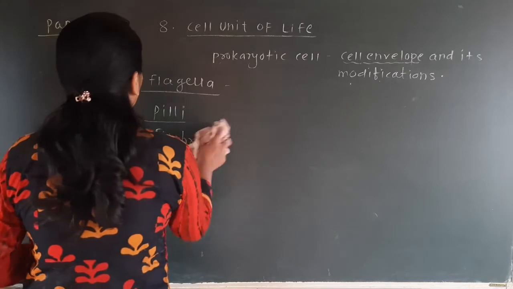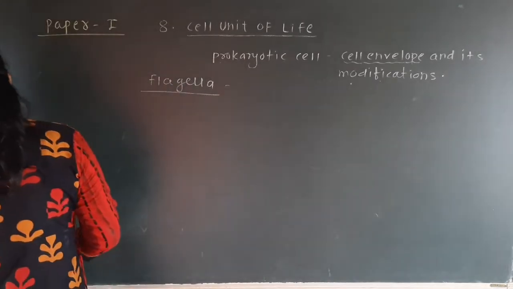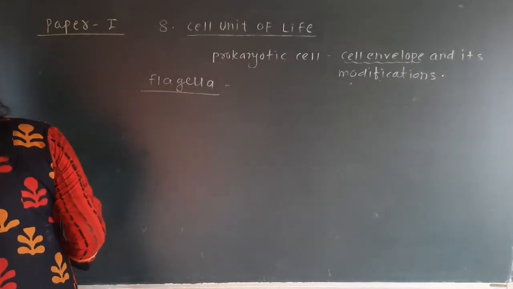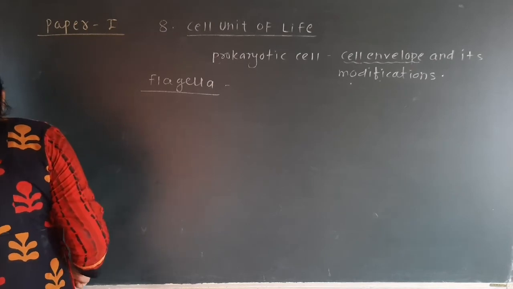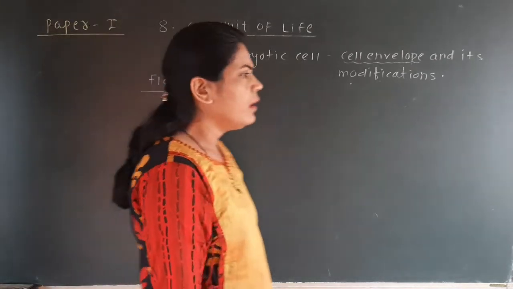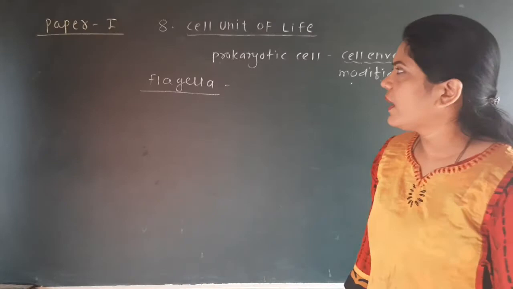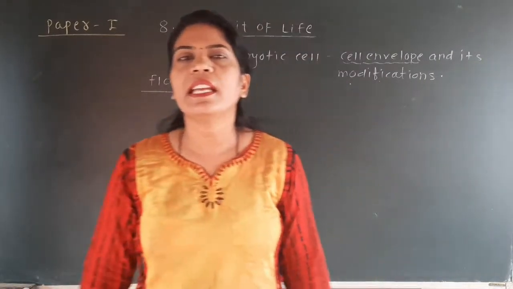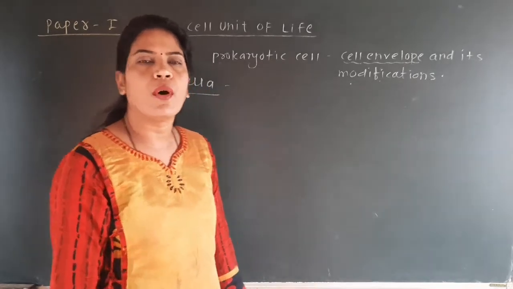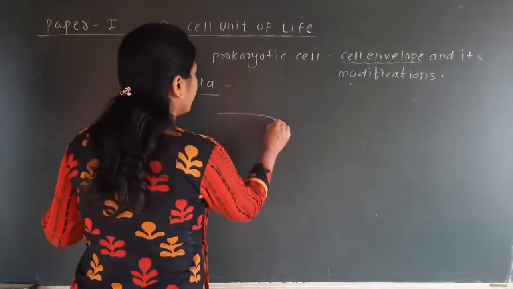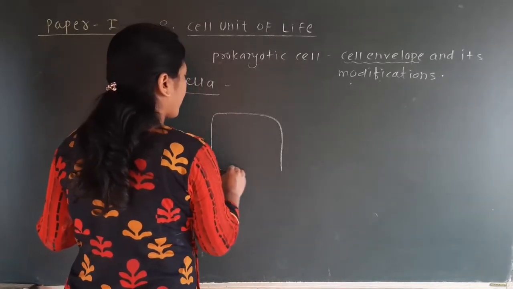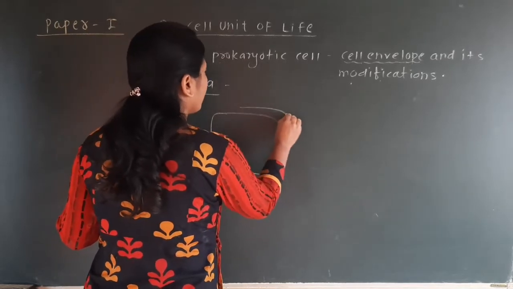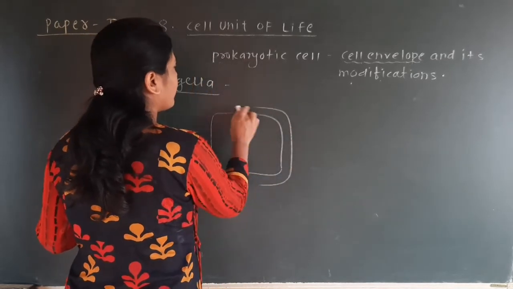Okay, so now here we'll discuss the first modification, and that is called the flagella. What is meant by flagella? Flagella is nothing but the thin membranous extension from the cell wall. So again see the structure of the bacterial cell. This one is the outermost covering.